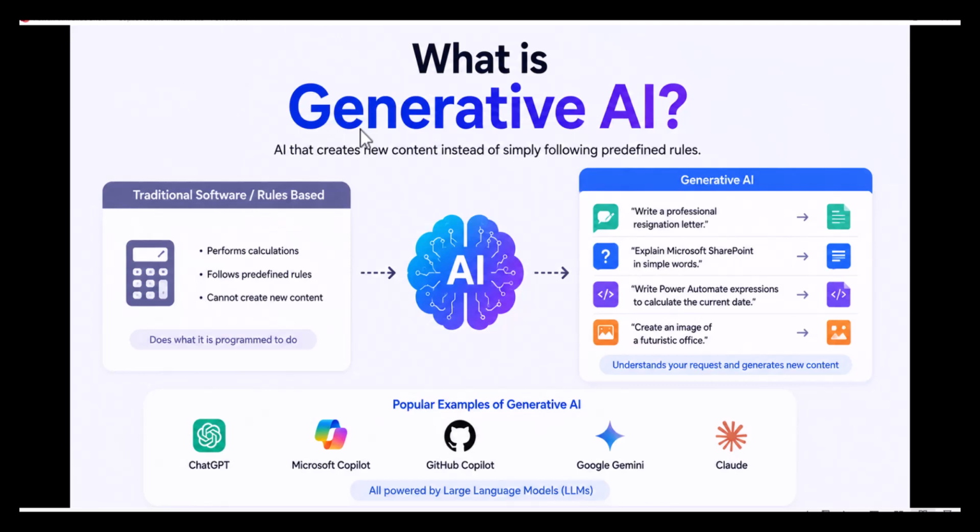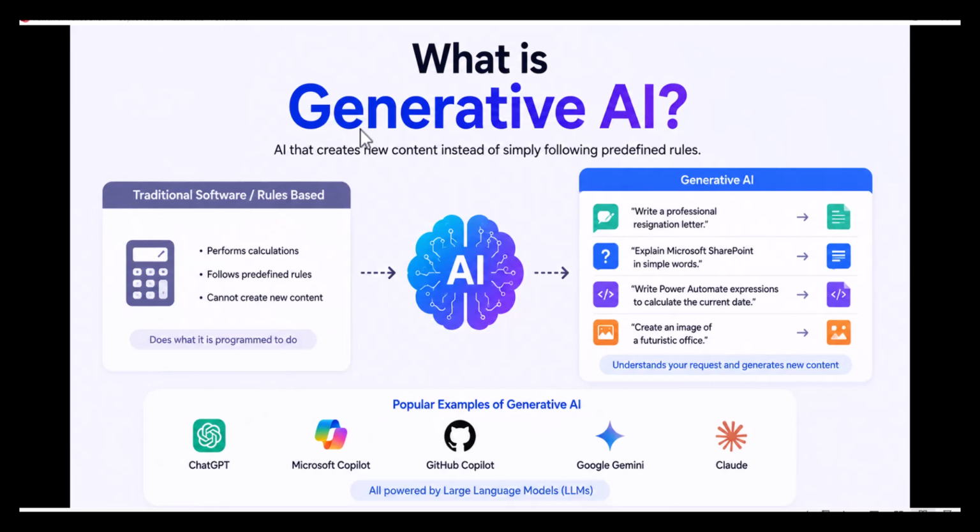This is why it's called generative AI. It generates text, code, emails, images, it even generates ideas. Some popular examples of generative AI are ChatGPT, Microsoft Copilot, GitHub Copilot, Google Gemini, and Claude.